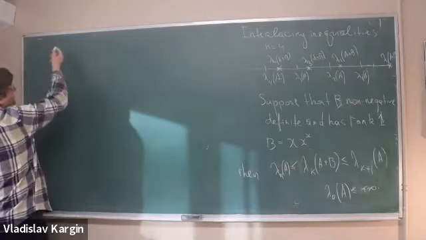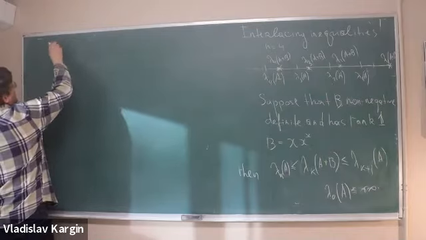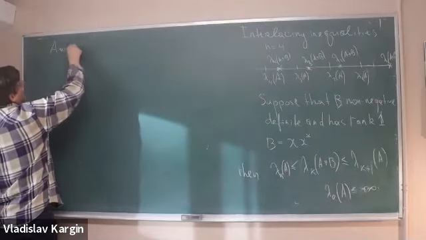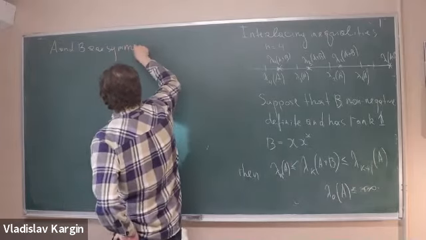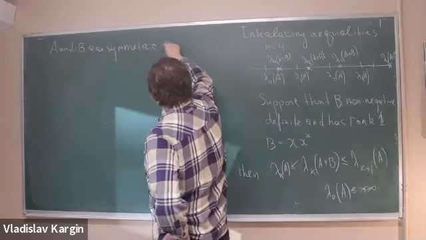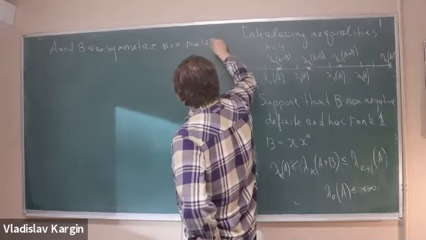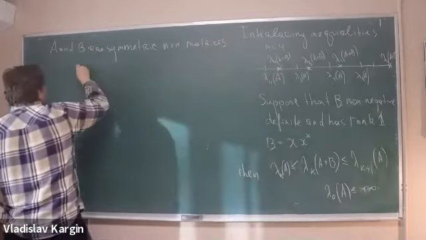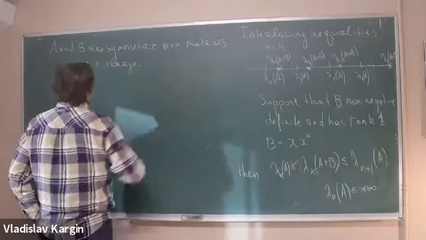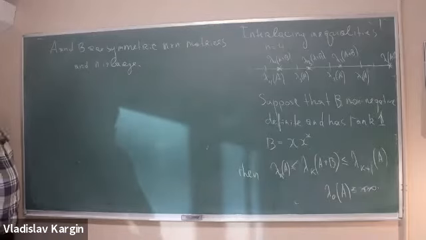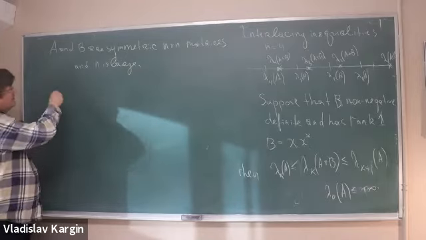Suppose you look at matrices A and B like before, but here A and B are symmetric n by n matrices, and n is large. That's not enough to say anything much, so you need to introduce some randomness.